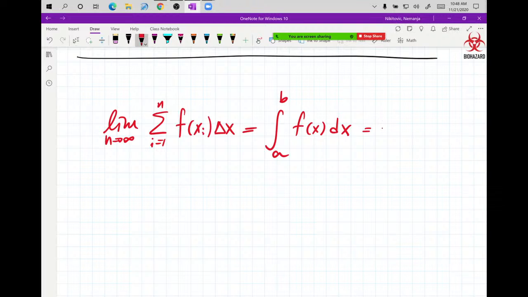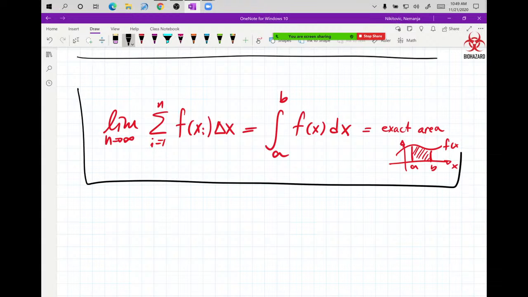Which all give you exact area under curve. So you have a function f of x, you have your a and b, and you can compute with either of the two ways. Now obviously you will pick integral because integral is easy. So there's your formula.